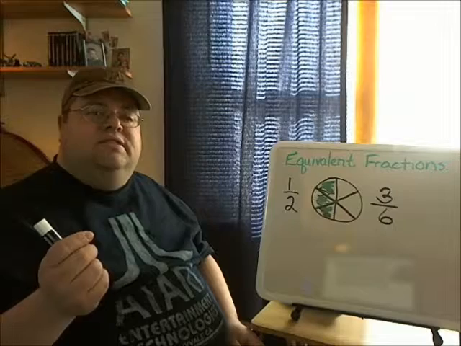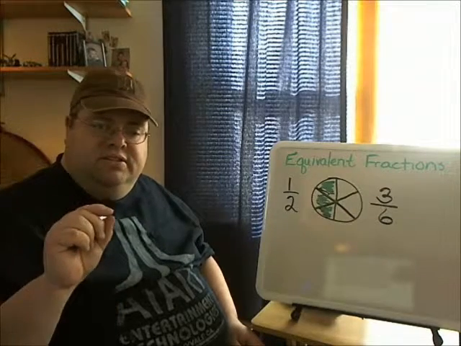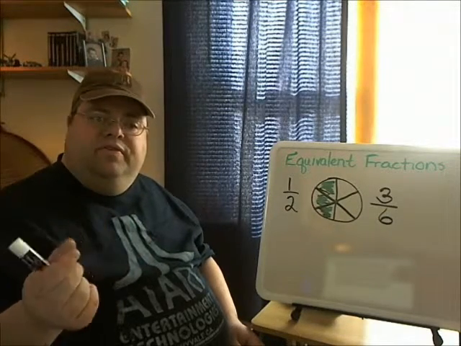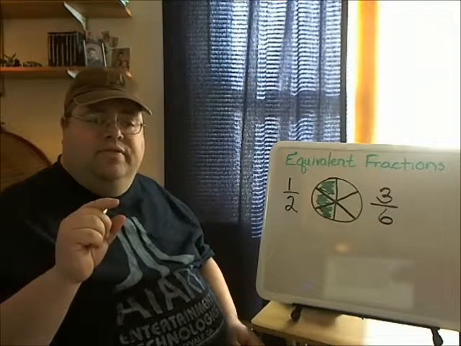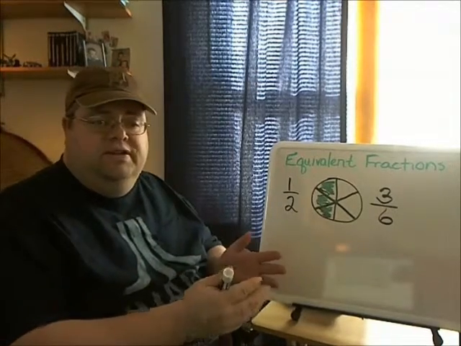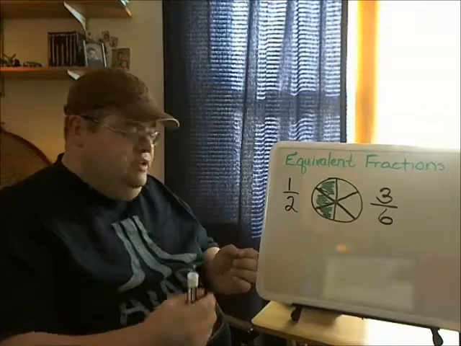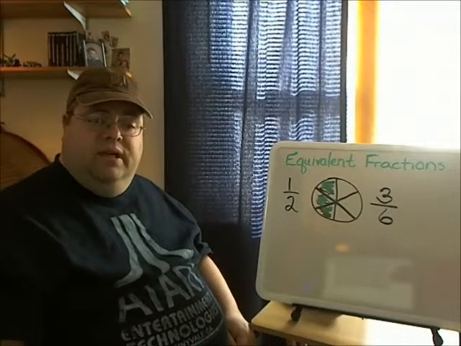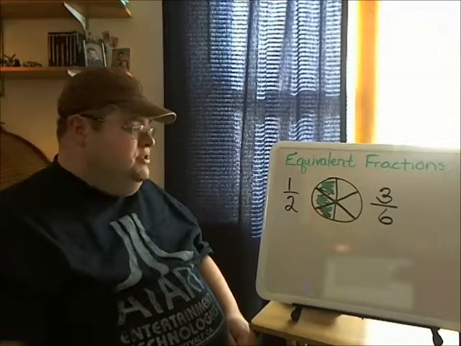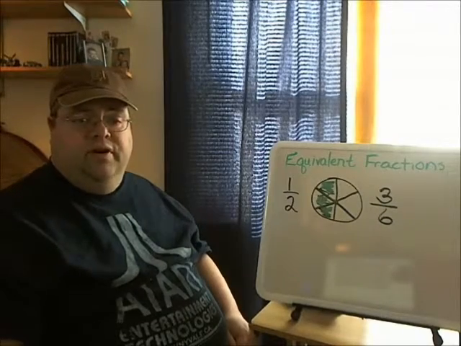The difference is the value of each piece is getting smaller. With the 50-cent piece, that's half the value of that dollar. So you're getting 2 pieces, but each piece is smaller than that original dollar. Yet when I put them together, you get the whole dollar anyways. And that's essentially what equivalent fractions are doing.